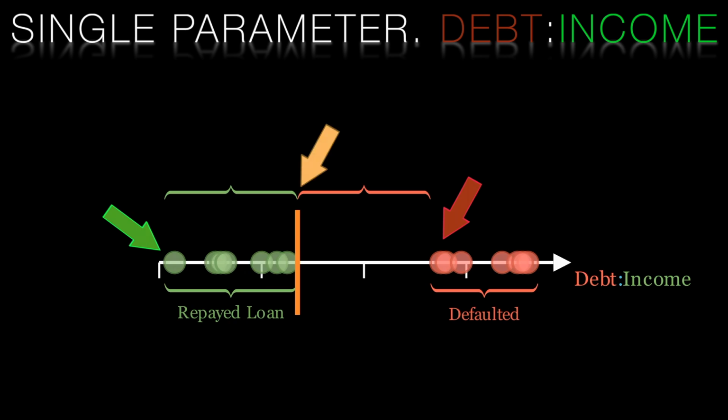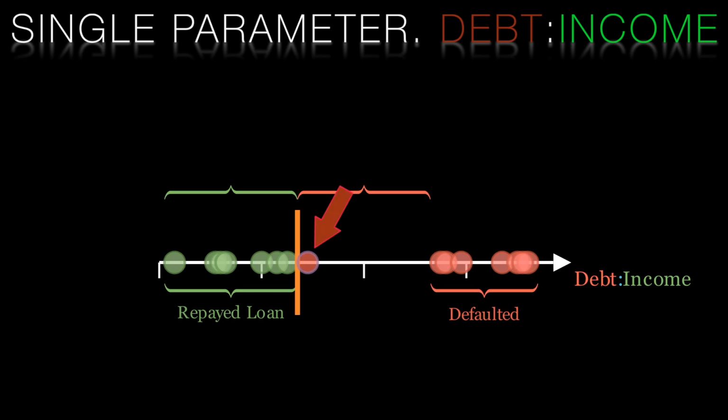When we introduce samples from our test set, then the classifier will assign this sample to the repaid group as it's to the left of our orange decision boundary. It will assign this sample to the defaulted group as it's to the right of the orange boundary. But it will also assign this test sample to the defaulted group.